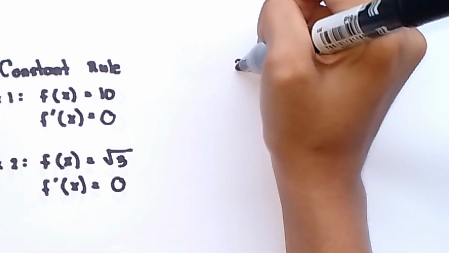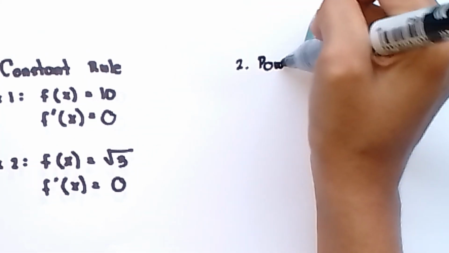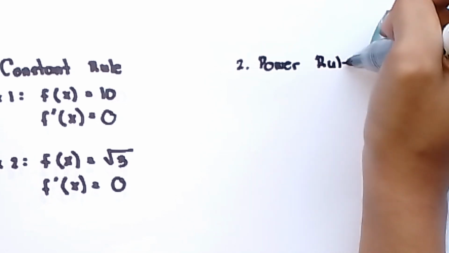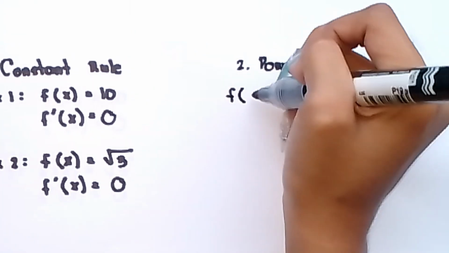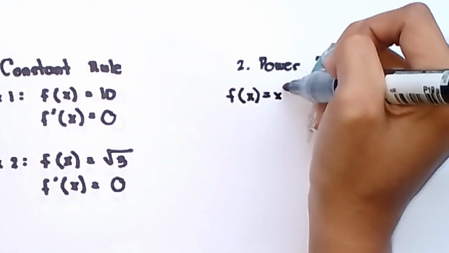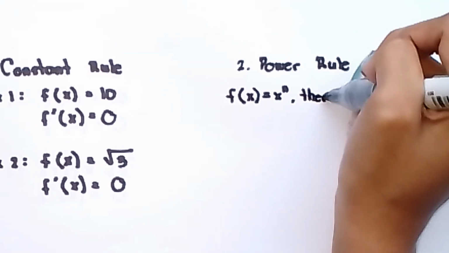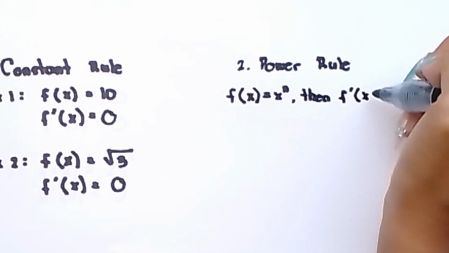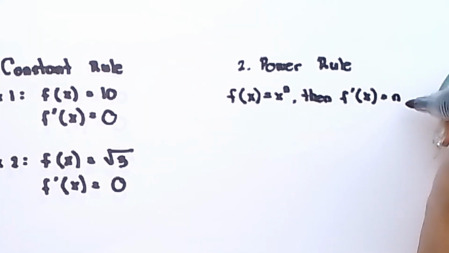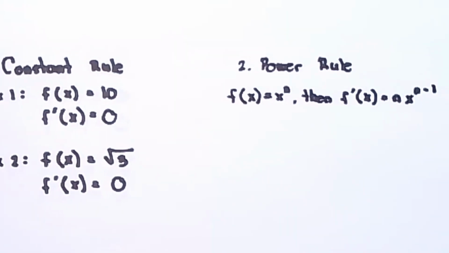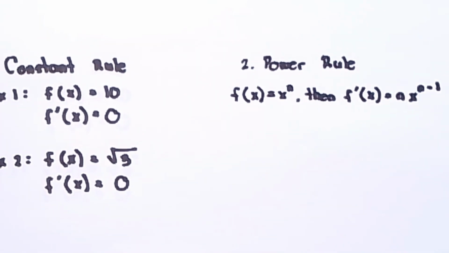We also have here the second basic rule, which is the power rule, where it has the formula f of x equals x to the power of n. Then the derivative of f with respect to x is equal to n times x to the power of n minus 1.